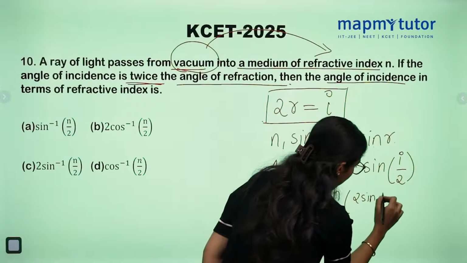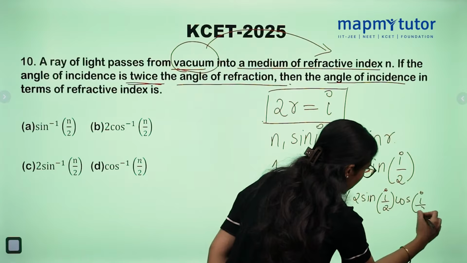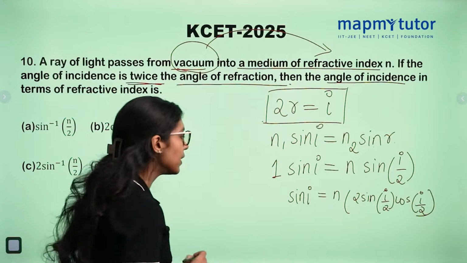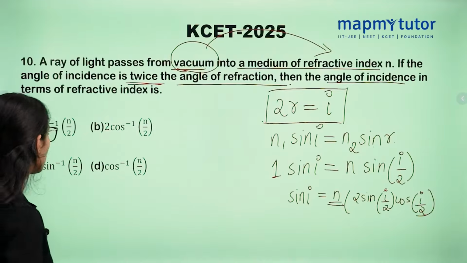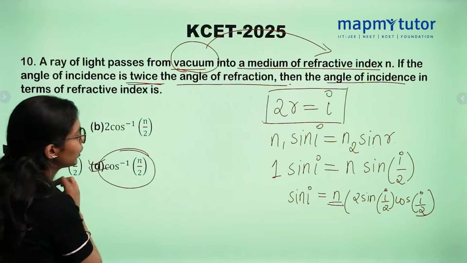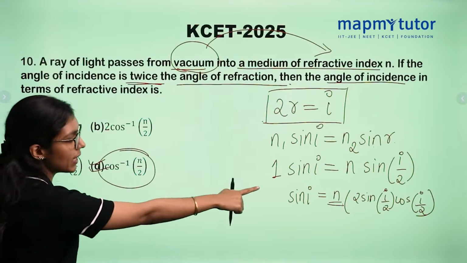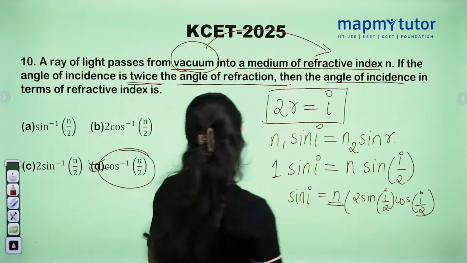So that is sin i by 2 cos i by 2. Solve from here, you will get your value of n, which will come out to be cos inverse of n by 2. Yes, you can directly do that. It's very simple, basic math. Okay?